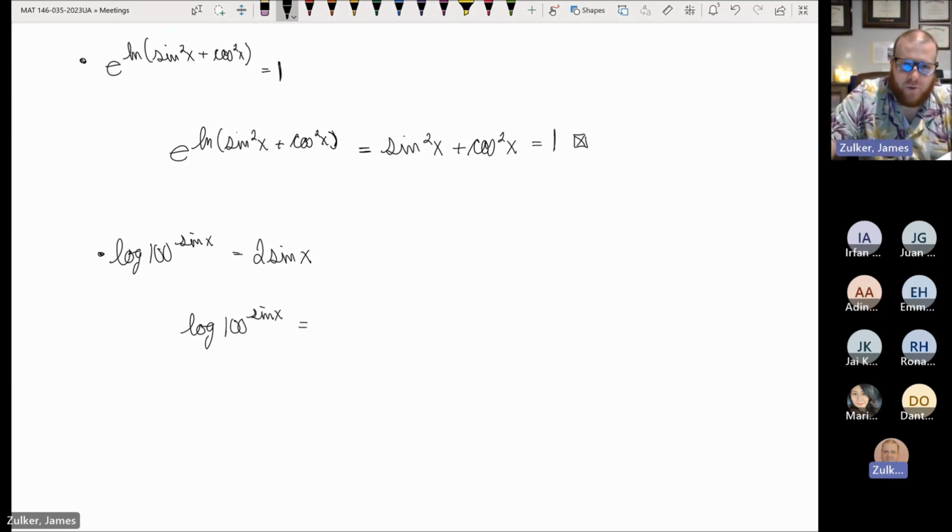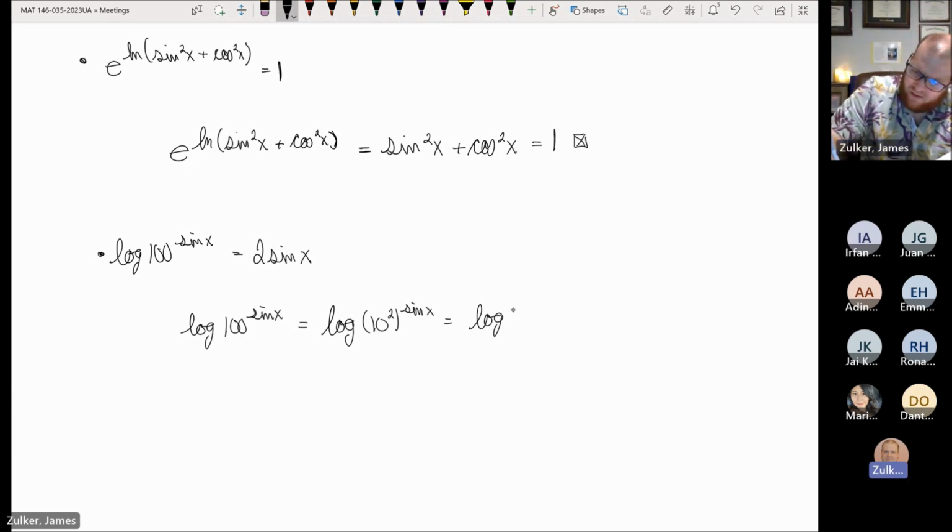This one is also fairly straightforward. So 100 is 10 squared. And then properties of exponents allows us to just multiply the exponents. So we're taking 10 to a power, all raised to a power, so it's just those two powers being multiplied. Well, log base 10 and exponential base 10, so they undo each other.